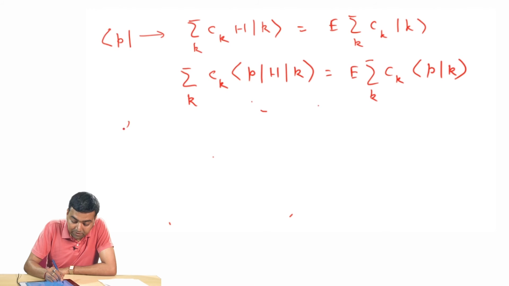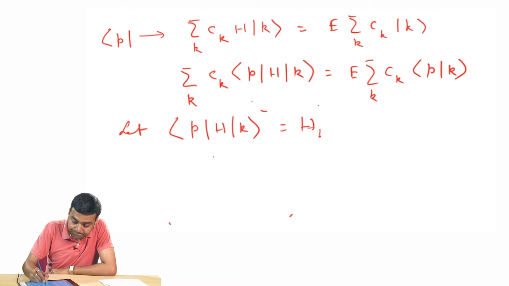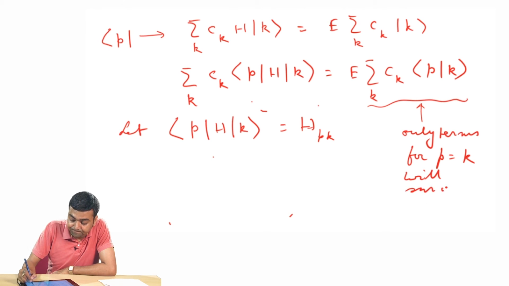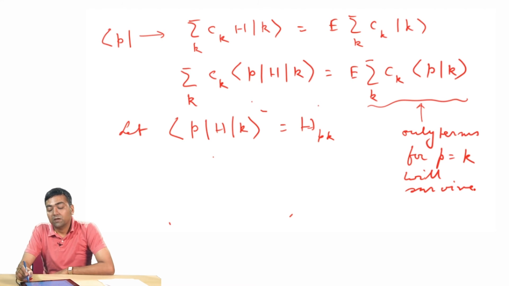Now, let us call this thing H of P k. On the right hand side of this equation, in this summation, only terms for p equals k will survive, because all the functions in my basis are orthonormal.